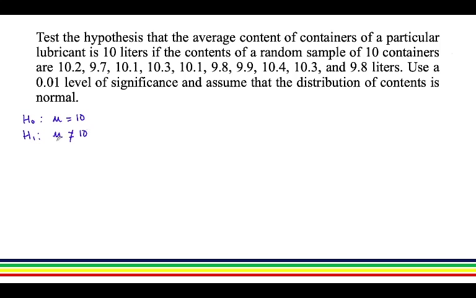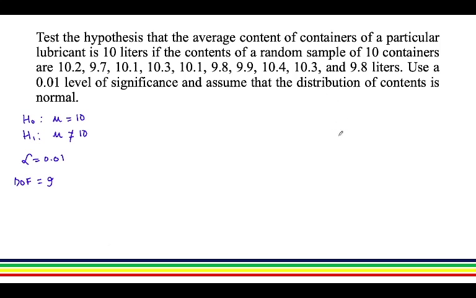With this, we can say that the test is a two-tailed test. The next step here is the level of significance alpha is equivalent to 0.01, and our degrees of freedom is equivalent to n minus 1, which is 10 minus 1, which is equal to 9.